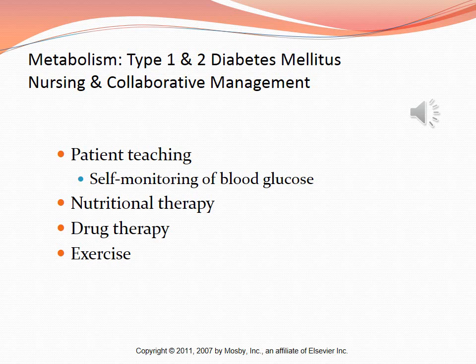The patient's goals are also for diabetes management to achieve normal blood glucose levels without hypoglycemia while maintaining a high quality of life. Therefore, diabetes management has 5 components: nutrition therapy, exercise, monitoring, pharmacologic therapy, and education.